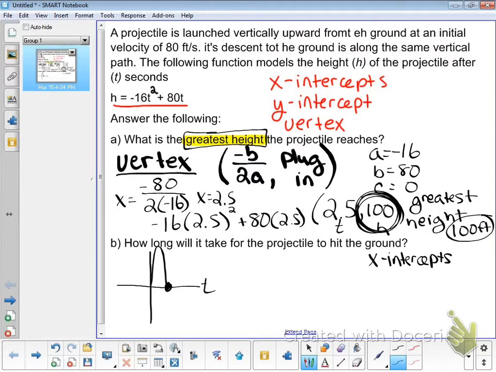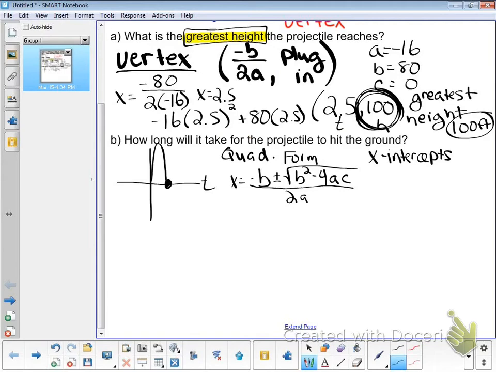And I've taught you how to find your x-intercepts. You always use the quadratic formula, which is x equals the opposite of b plus or minus the square root of b squared minus 4ac, all over 2a. I'm going to extend the page.